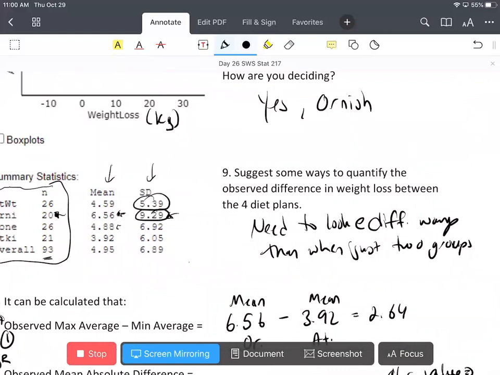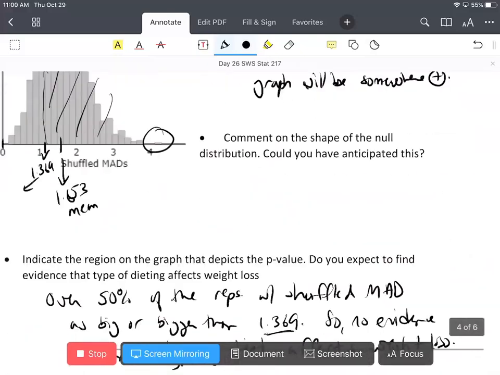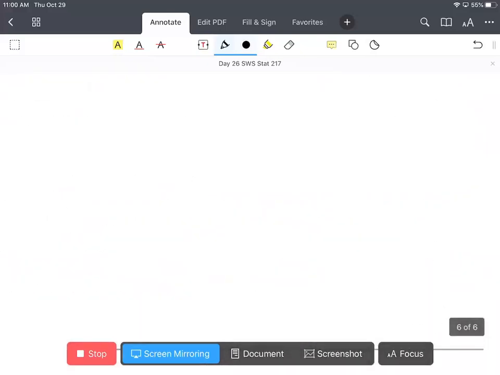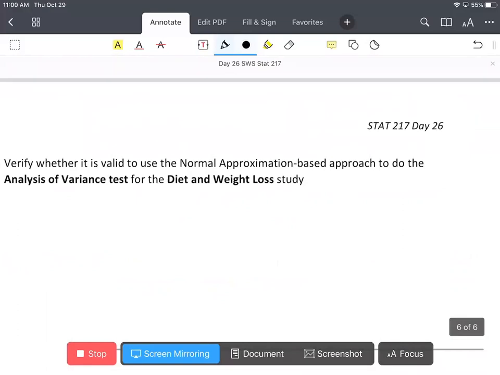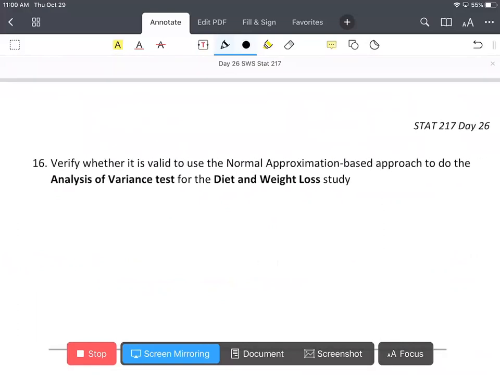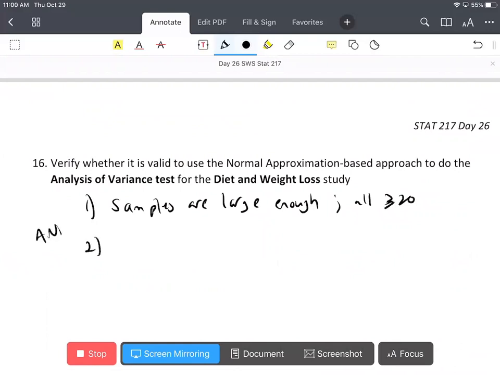So remember, there's 2 things that we have to look at. So let's go back down, close your eyes. Okay. So 1, the sample sizes are large enough, they're all greater than or equal to 20. And remember, this is also really critical.